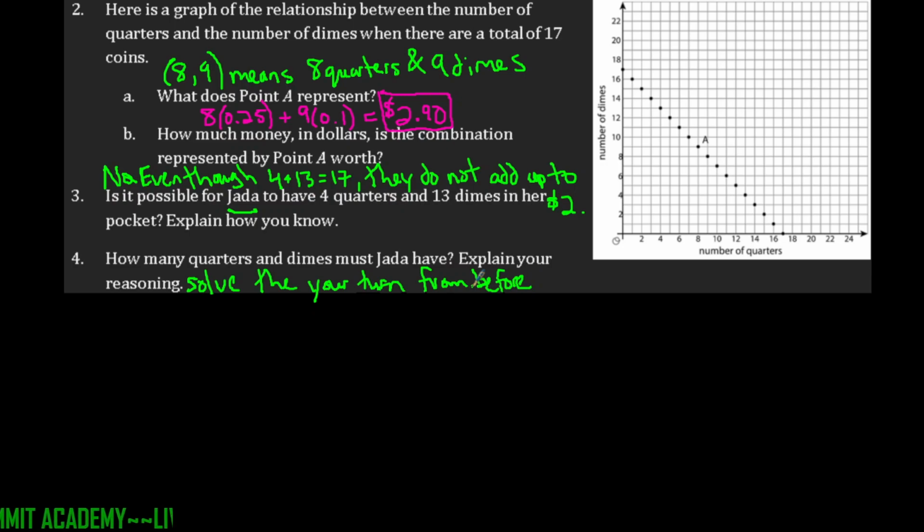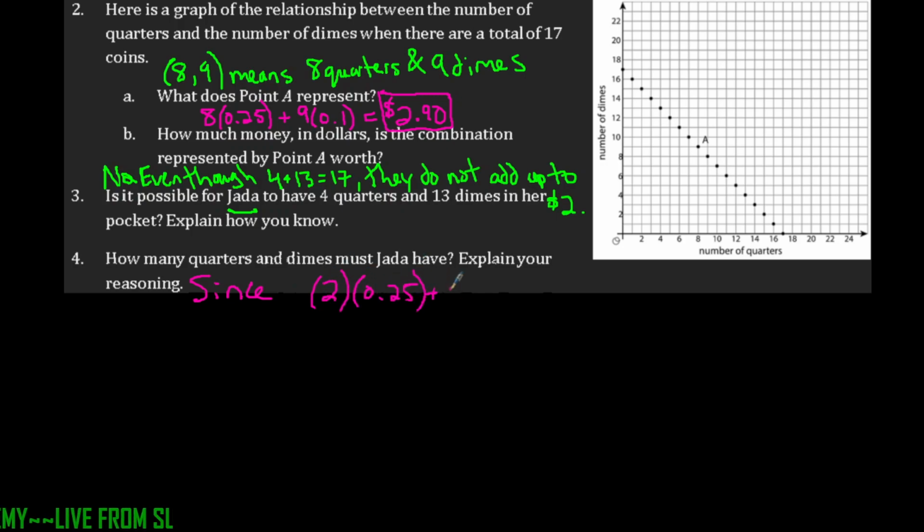So we can say this, let me write this in, or I'm going to do it like this. So let's do part, there it is. So let's have, since 2 times 0.25 plus 15 times 0.1 is equal to $2.